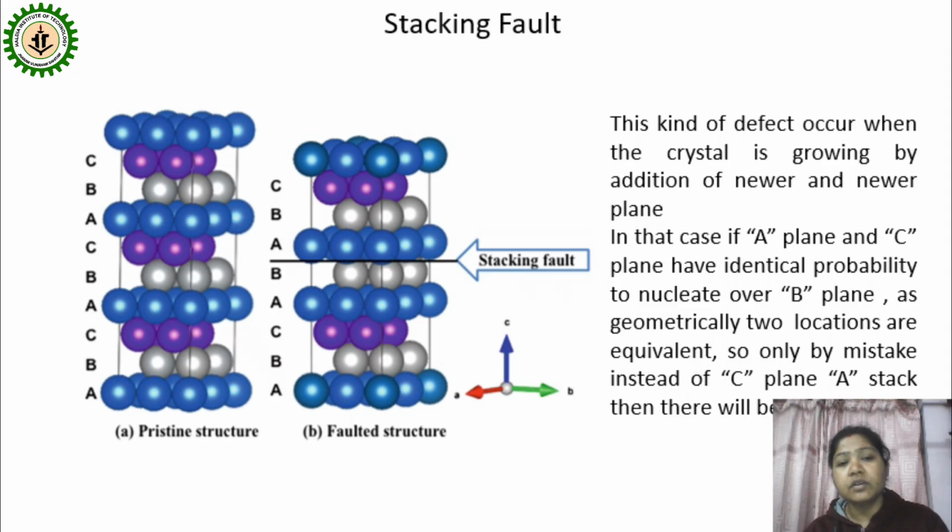Either it can sit on B or it can sit on C. By this confusion, sometimes A is seated on B instead of on C. In that case this type of fault happens. This is called a stacking fault, and it happens due to the equivalent nature of B and C.